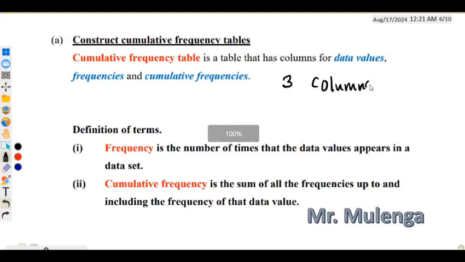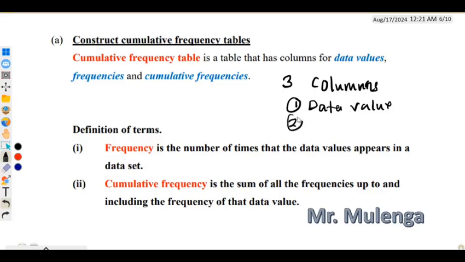The first column has to be the data value column. This data value column will be dependent upon the information that they have given you. They can give you days in a week, they can give you age groups, they can give you anything. So this will be dependent upon the information that we have.